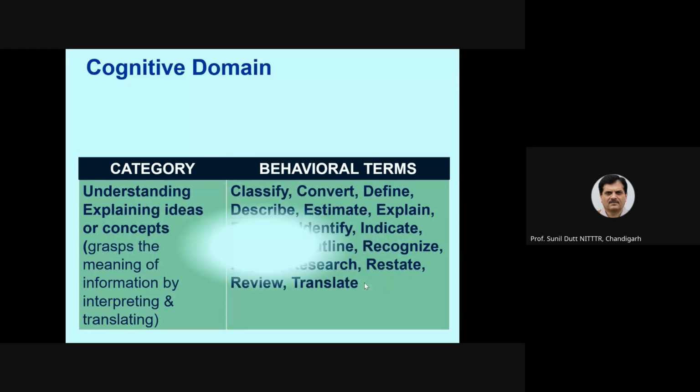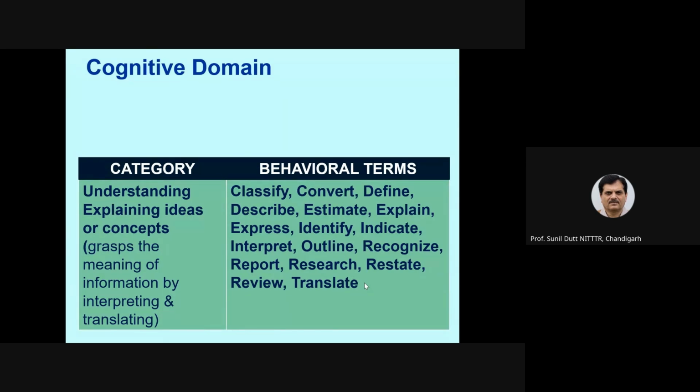Then comes understanding. When the student is able to explain the ideas or concept, when he is able to grasp the meaning of the material by interpreting or translating. I say the normal temperature of human body is 98.6 degree Fahrenheit.